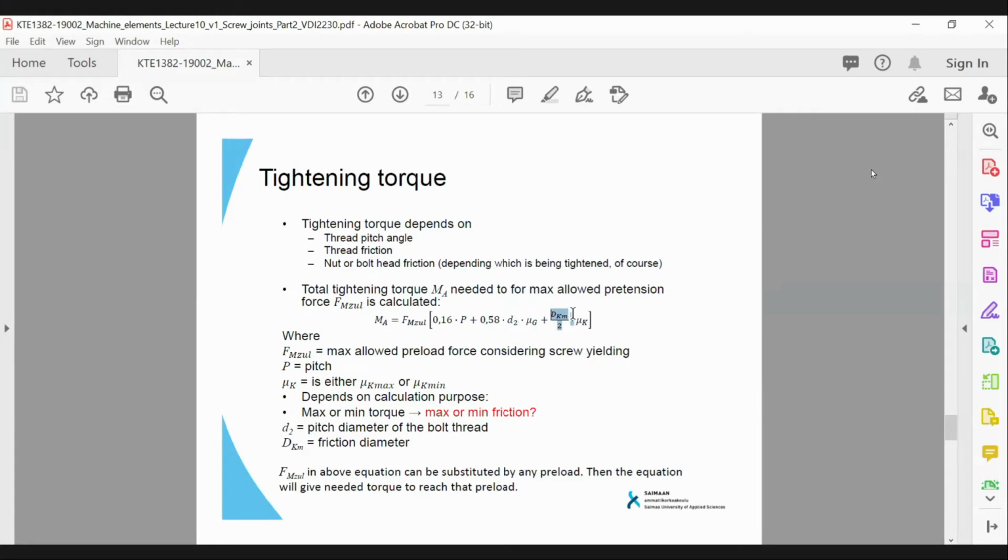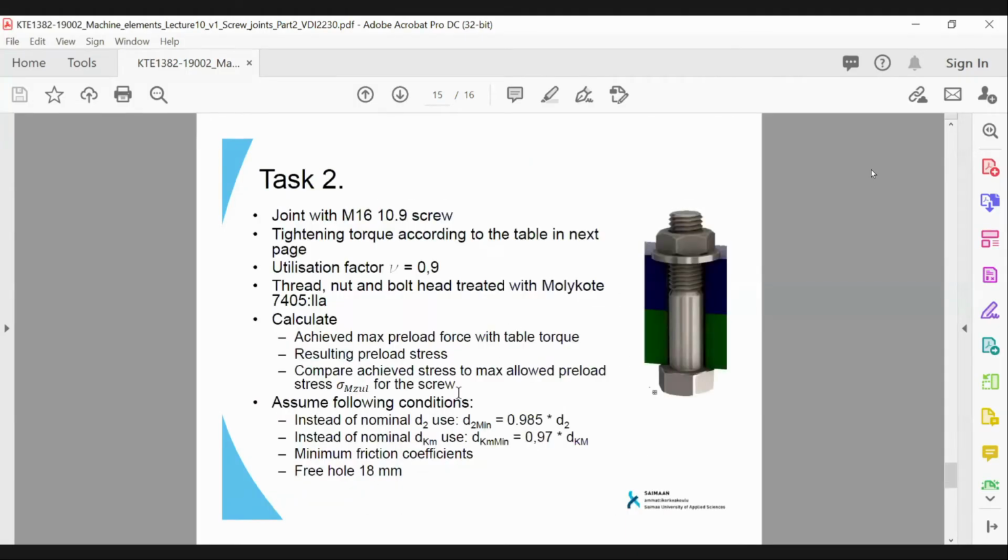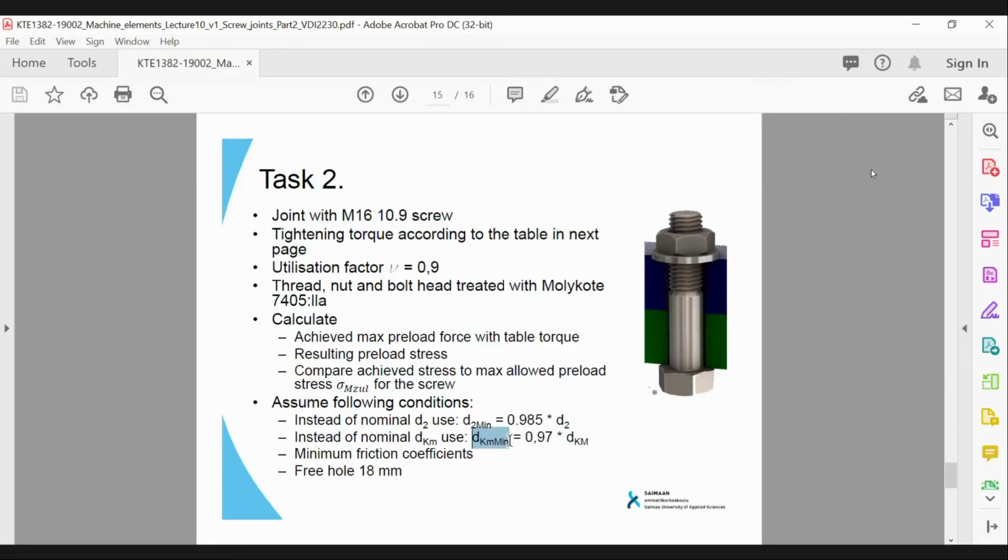So there are tables which give you DKM, but take into account that in the task assignment I said that instead of using nominal DKM, use this equation for DKM. So it's the minimum value for DKM, which is basically 0.97 times the nominal DKM. The reason is that then we can get the maximum force, exactly the maximum force, and then we can see what is the realized maximum preloading force due to the torque. Okay, great. Thank you.